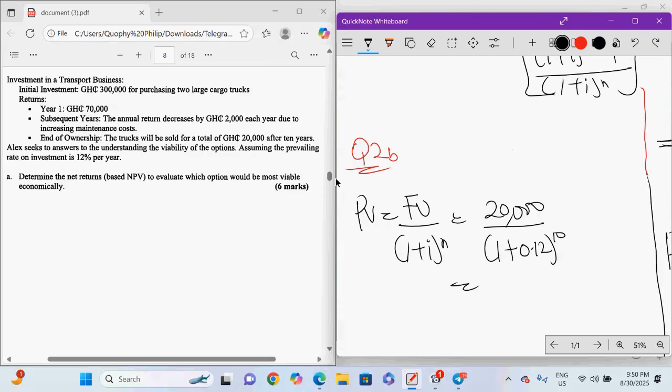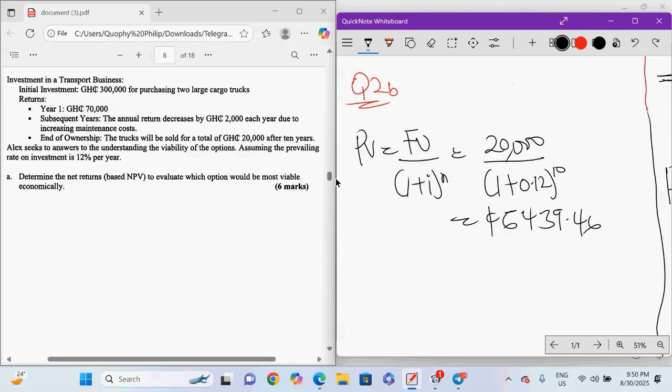And that is giving us 6,439.46. So that is the present value for today, right? So what will be the total present value? So this is for the transport business.